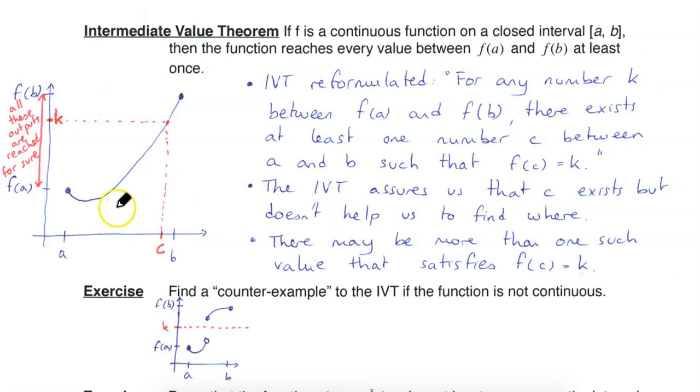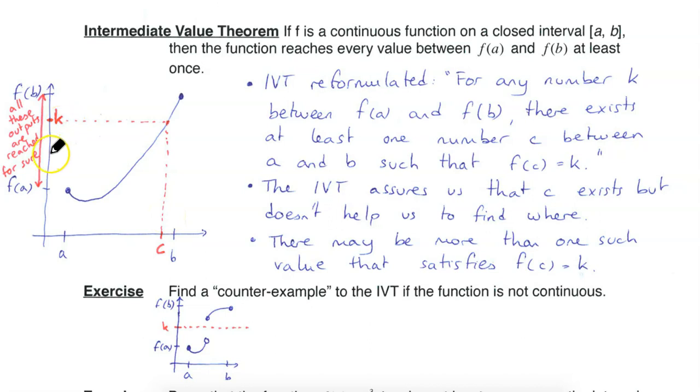The idea is, if you have a continuous function from x equals a until x equals b, so this is a continuous function on the closed interval [a, b], then whatever value I choose on the y-axis between f of a and f of b, I can always be certain that there is a point c where f of c equals k.